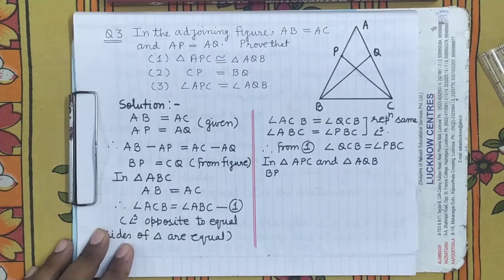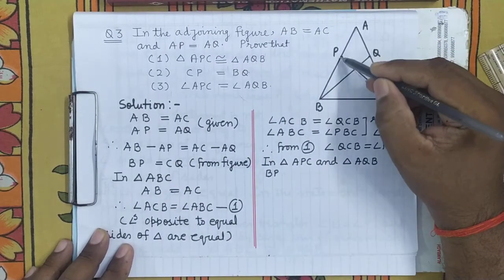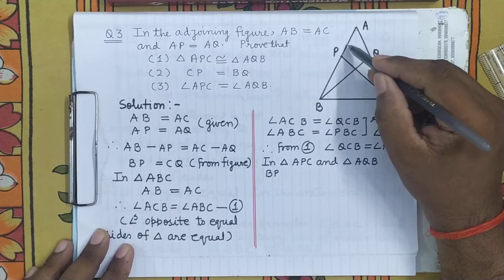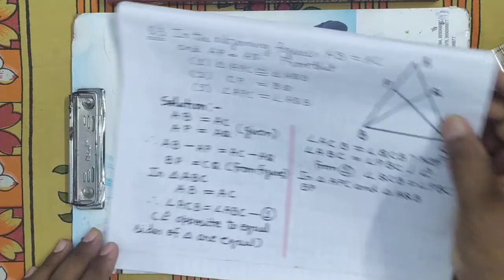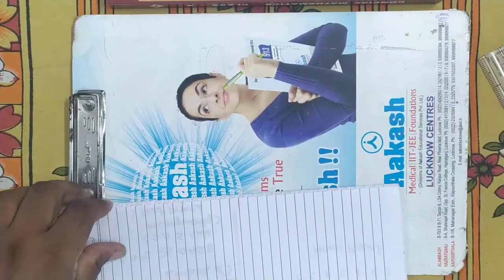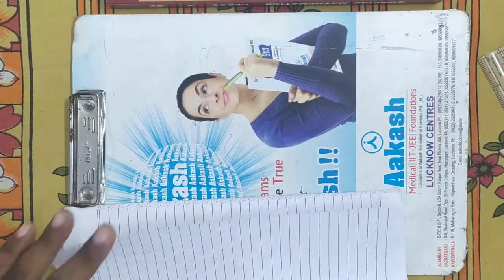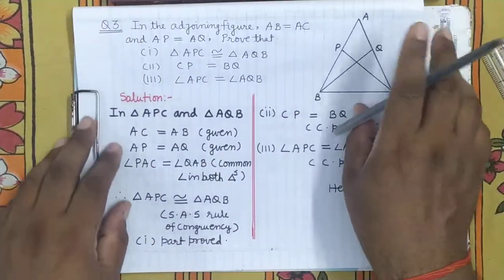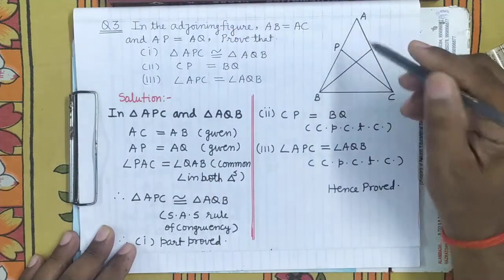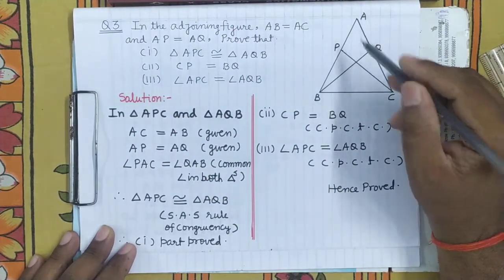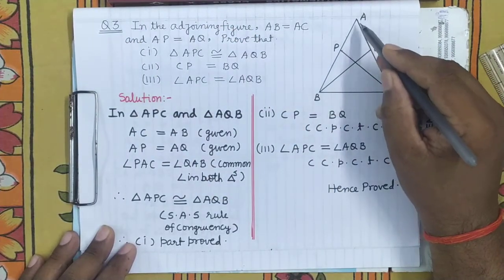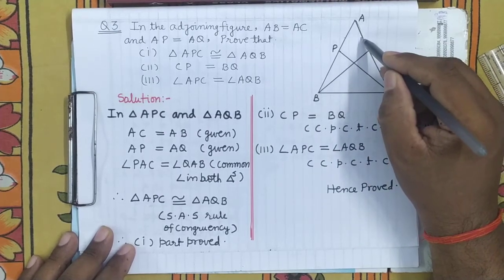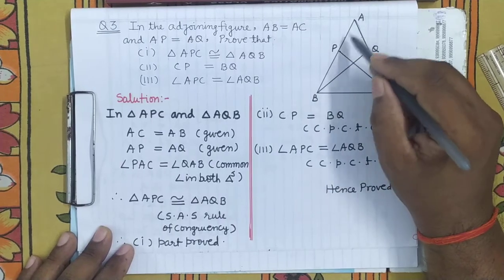How will you prove it? In triangle APC, you can see side AP is equal to side AQ in triangle AQB. AP is given equal to AQ.